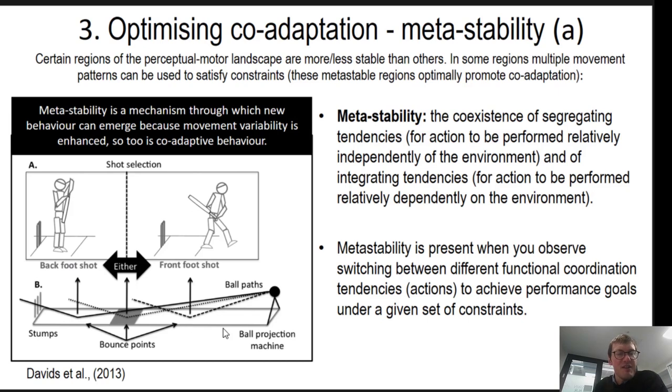If we throw into either one of these regions, it's very predictable what the outcome is going to be, okay? Whereas there are certain distances at some intermediate range between these 2 points where both front foot shots and back foot shots are kind of equally probable, right? It's 50-50 which one's going to get used. And these regions where you have equally probable actions are referred to as metastable regions.